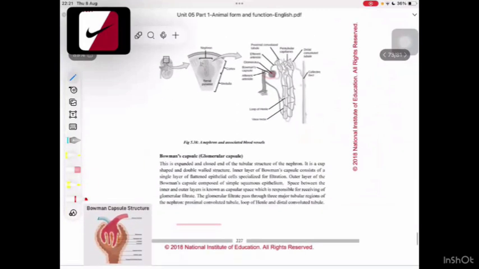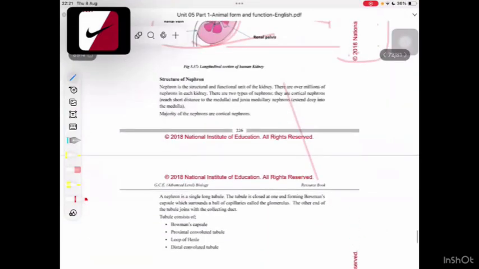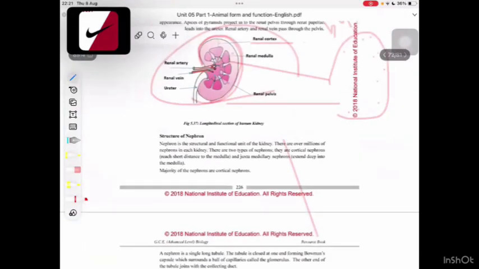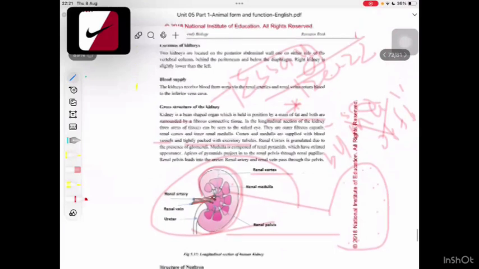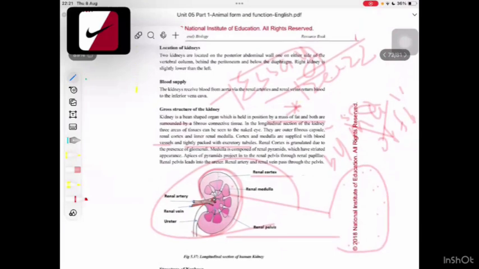You can see this ball of arteries and veins, the blood capillaries. This is called the glomerulus, so due to its presence, the renal cortex appears to be granulated.